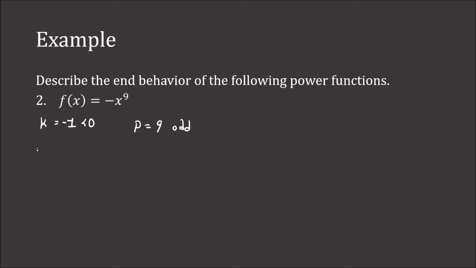So x to the ninth would normally tend to minus infinity as x goes to minus infinity, but we have a negative coefficient, so this will tend to positive infinity as x tends to negative infinity. And negative x to the ninth will tend to minus infinity as x tends to positive infinity.